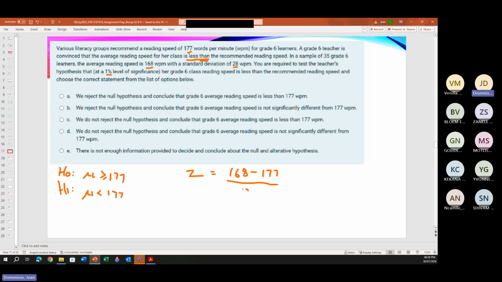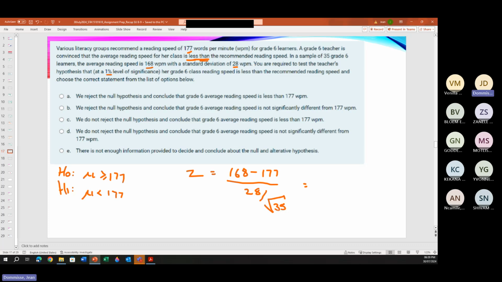Remember, standard deviation, even though it's a sample, divided by the square root of 35.